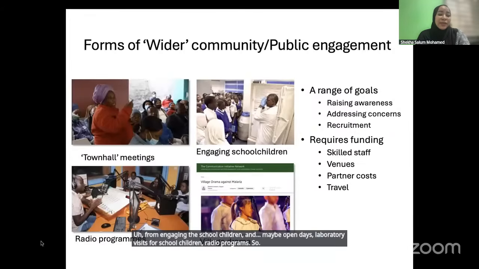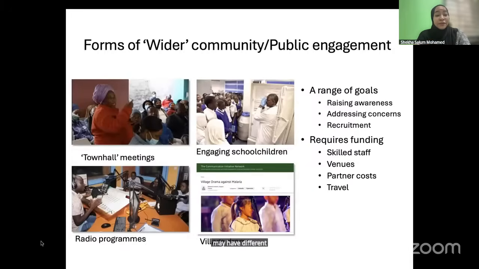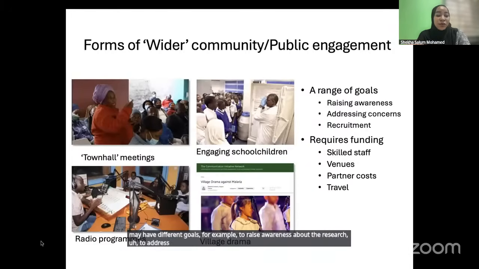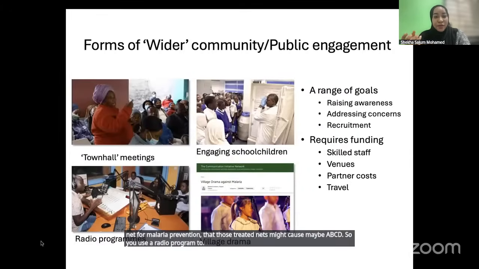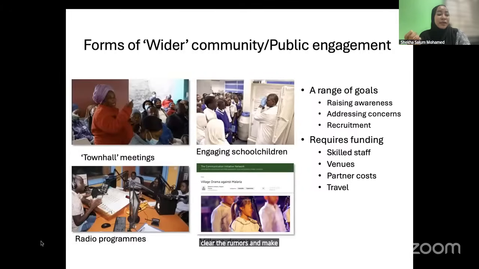These wider types of engagement may have different goals, for example, to raise awareness about the research, or to address a community concern or rumors about the research. For example, let's say there is a rumor in the community that treated nets for malaria prevention might cause harm. You use a radio program to clear the rumors and make the community understand that the treated nets are effective for malaria prevention.